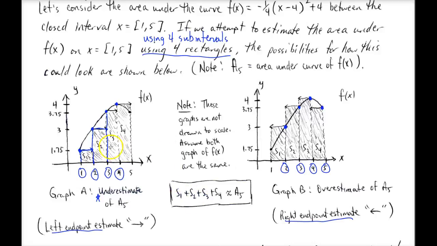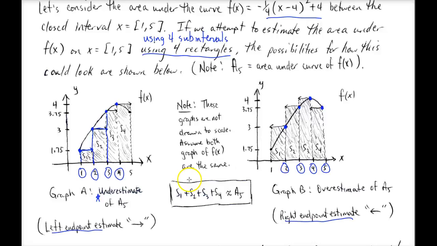So, I know that in all these cases, whether it's an underestimate like what I see here or an overestimate like what I see here, it's just giving me a rough estimate of what the actual area under the curve of our quadratic function is, up here, between x equals 1 and x equals 5.